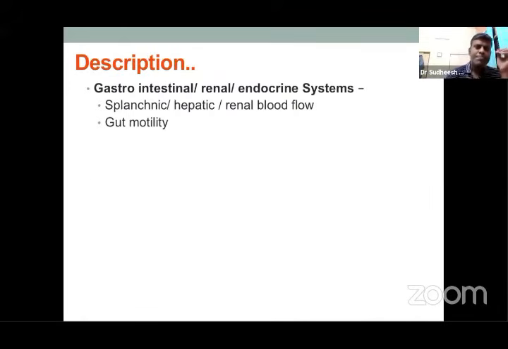Then finally, these are the main systems which we are involved with. Of course, you should also think about other systems such as gastrointestinal, renal, endocrine, and the splanchnic system, which is very, very important. Hepatic and renal blood flow: the effect of the drug on splanchnic circulation and hepatic circulation, and particularly in the liver, the effect of a drug on the hepatic arterial buffer system, which is very important to ensure adequate hepatic blood flow and hepatic oxygenation.